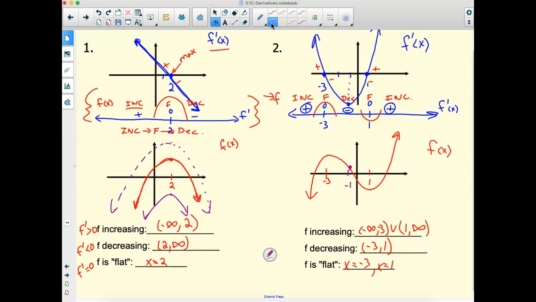Now, when you draw yours, you might choose to have both your maximum and minimum above the x-axis, and that's fine. You might go all the way up and then keep one up. That's just fine. Really what we're looking at, and the second one wasn't very good, really what we're looking at is, number 1, did you put your flats where your flats need to be? Are your flats happening here and here?